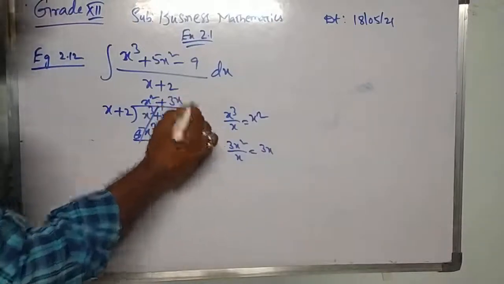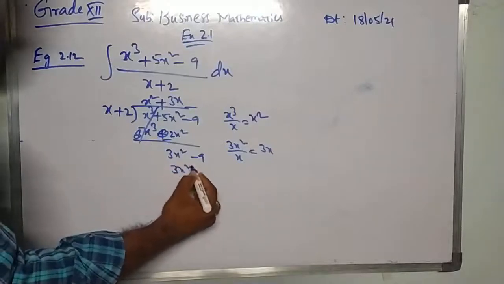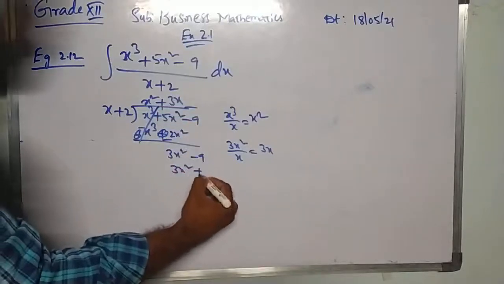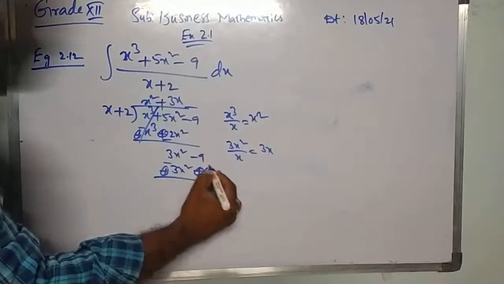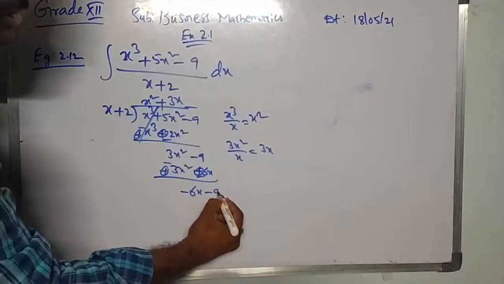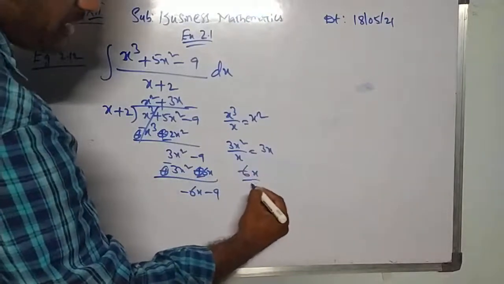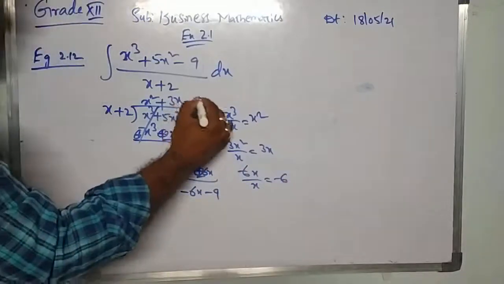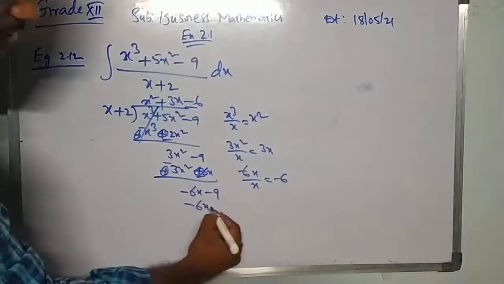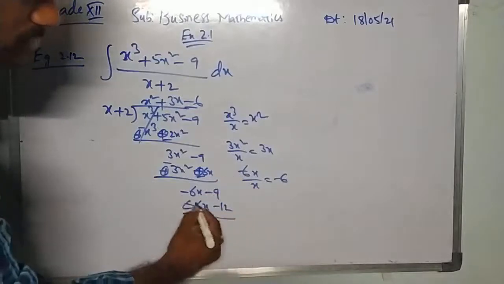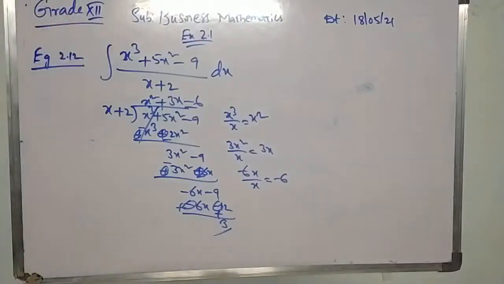So x square plus 3x here. 3x into x, 3x square plus 6x. So plus becomes minus, the answer is minus 6x minus 9. Another step, minus 6x by x, which is minus 6. So here minus 6x minus 12. It becomes plus, the answer is 3. So the remainder we are getting is 3.